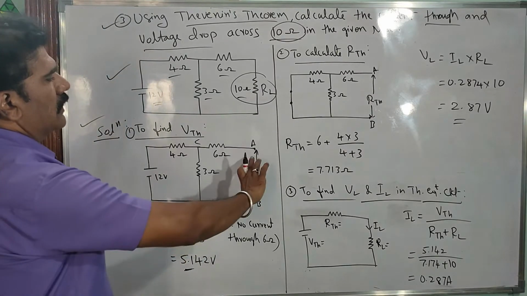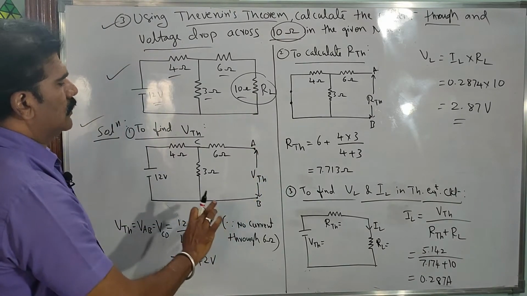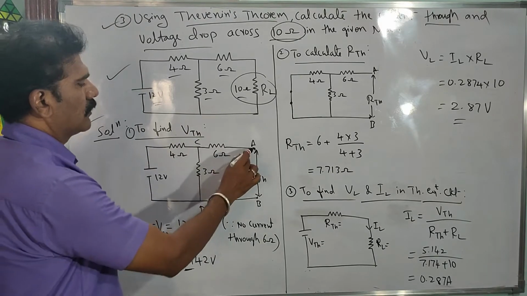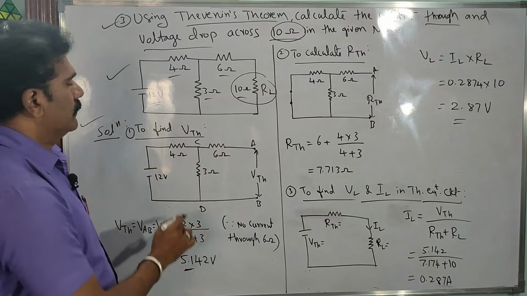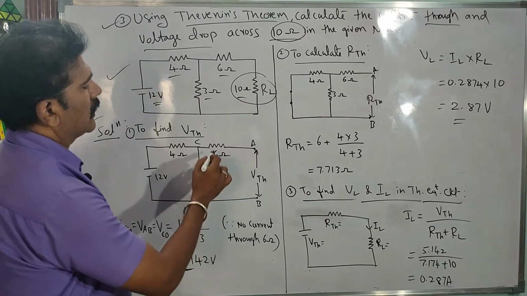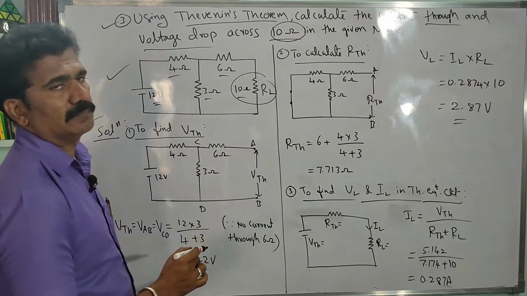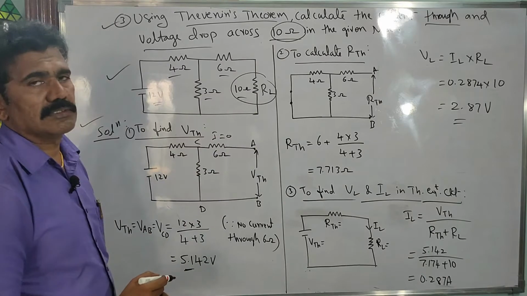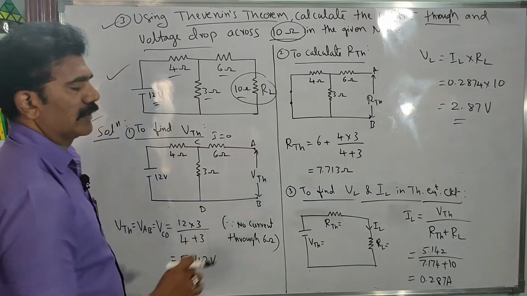So now the voltage drop across A and B is nothing but what? You have to see in the circuit whether the current is passing through up to terminals A and B. No, because the terminals A and B are open, we cannot expect current passing through the 6 ohm resistor. So there is no current passing through the 6 ohm resistor as the terminals A and B are open here.